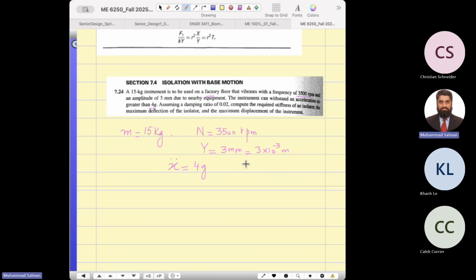You remember I explained to you a long time ago that if this is a sinusoidal motion, which is a vibratory system, you can find the velocity, the time derivative of this function, and you can find the second time derivative, which is this function.